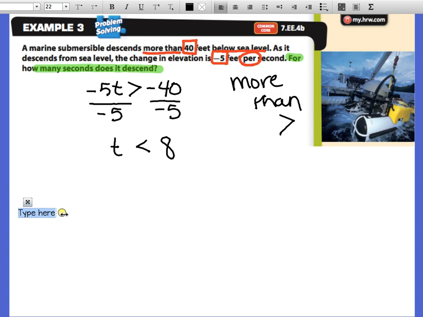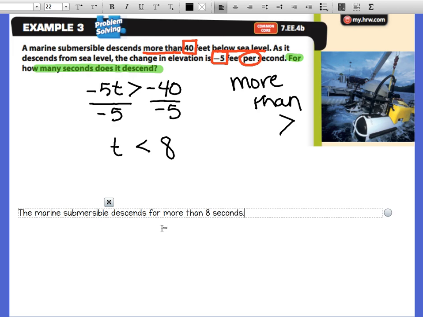What this means is the marine submersible descends for more than 8 seconds. Okay?